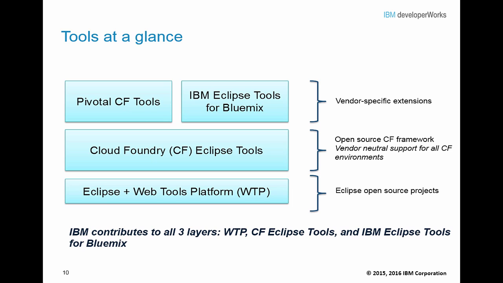On top of this layer, Cloud Foundry has developed an open source CF framework using which IBM has built an Eclipse plugin that allows you many features for your app development and deployment. You can download this plugin from the Eclipse marketplace.